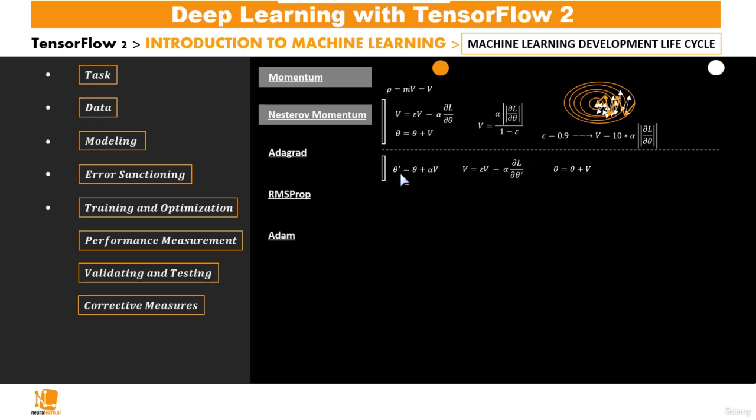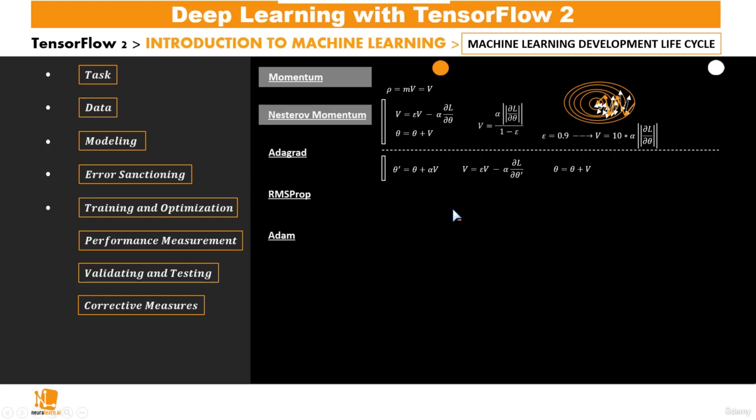So we have theta prime, which equals theta plus alpha times v, and then we do v equals epsilon v minus alpha times the partial derivative of L with respect to theta prime and not with respect to theta. And this brings some correcting factor in the computation of the parameters.